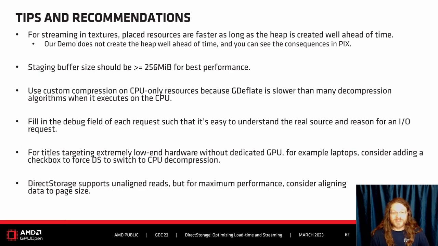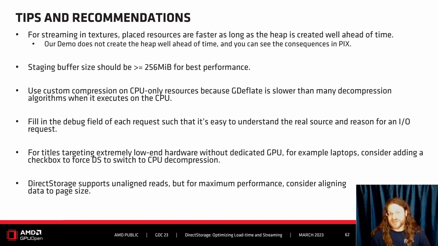Here are some tips and recommendations. These came from our implementation of DirectStorage in our sample. For streaming textures, using placed resources often offers a faster resource creation time. However, it only does so if the heap is created well ahead of time.